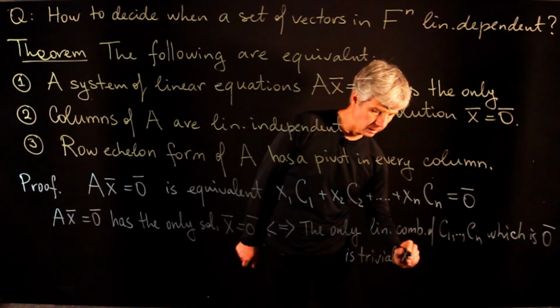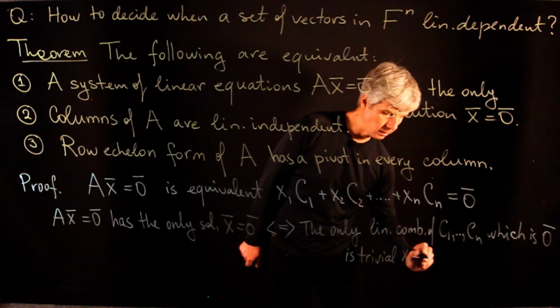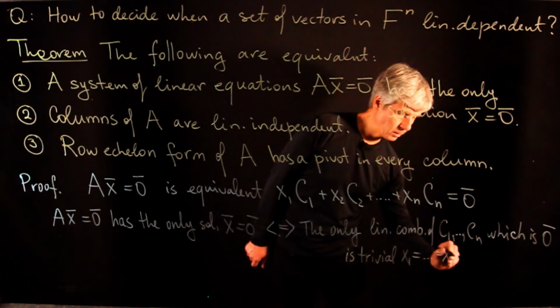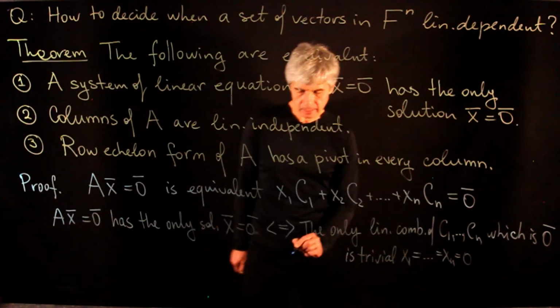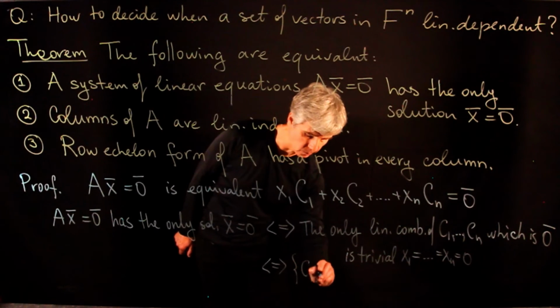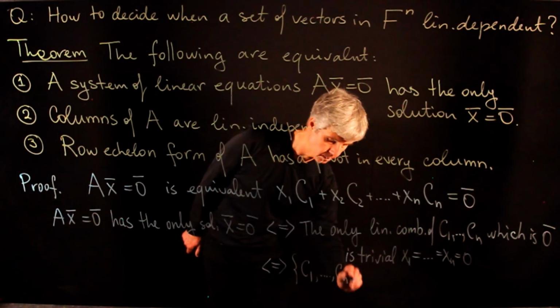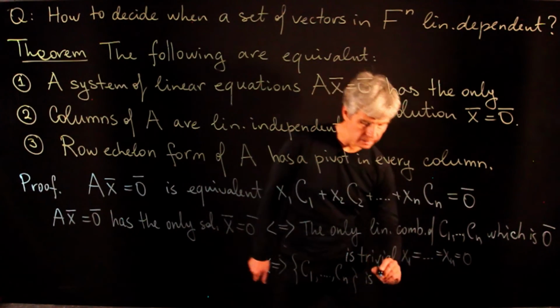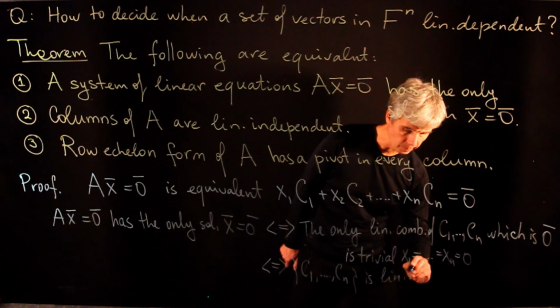So this means that x1 through xn are equal to 0. But this is equivalent to saying that the set of columns C1 through Cn is linearly independent.